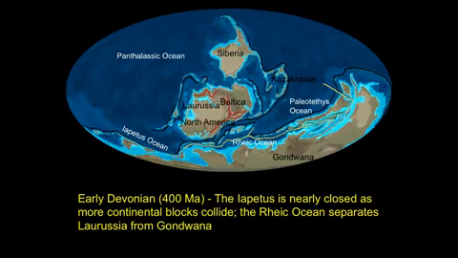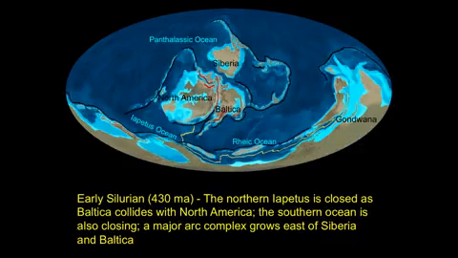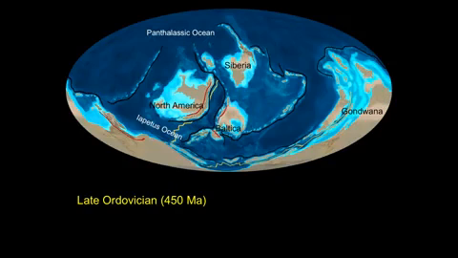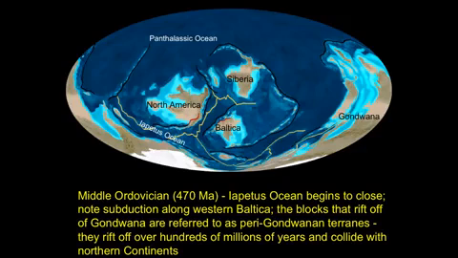The gap between North America and Gondwana was called the Iapetus Ocean and the Rheic Ocean, and the Paleotethys to the east. So as these two larger continents started separating out, then the Iapetus Ocean grew in size.